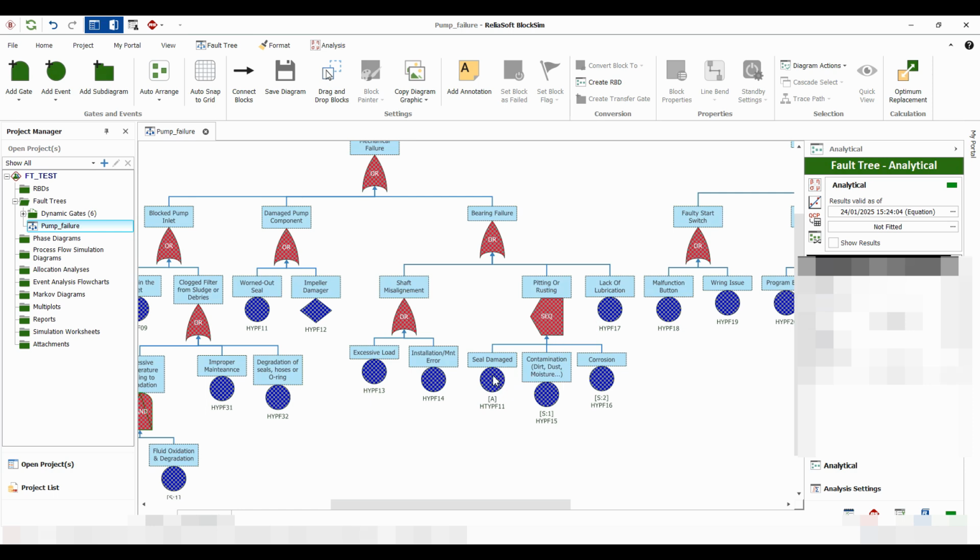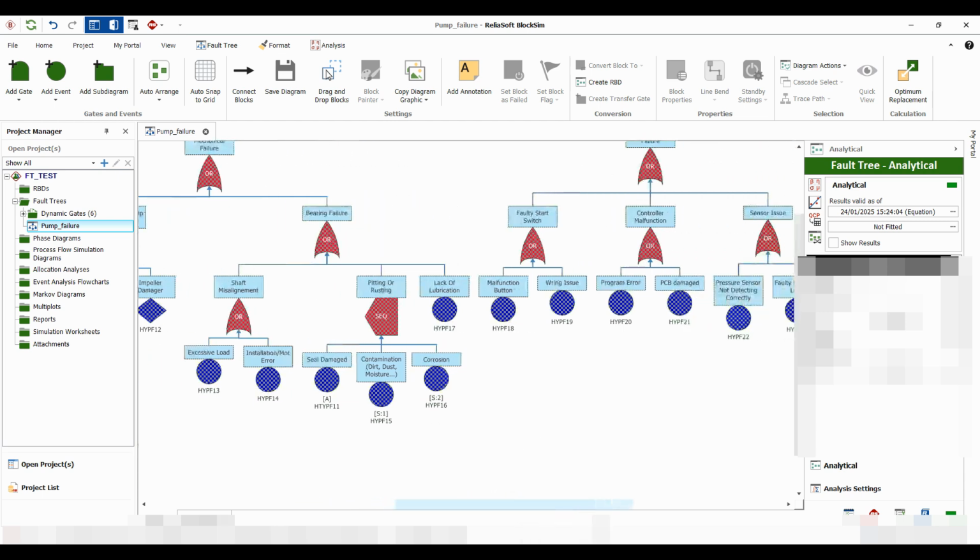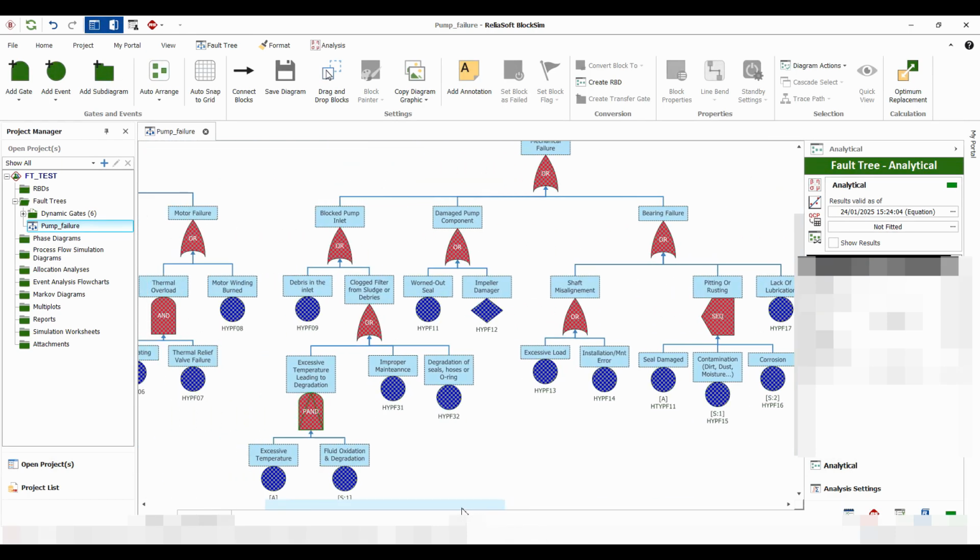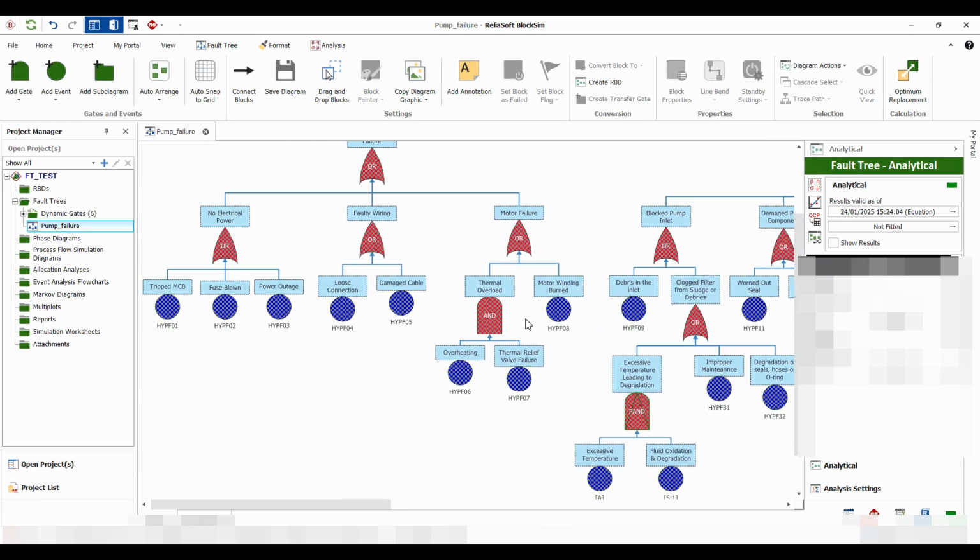In this case, a seal damage has to occur first, which then leads to a contamination, dirt ingress of moisture or dust into the system, into the hydraulic fluid, which then leads to corrosion, and that results in pitting and rusting, and then brings the bearing failure, which then causes mechanical failure, which then causes the hydraulic failure, and so on. So here we have the full fault tree.